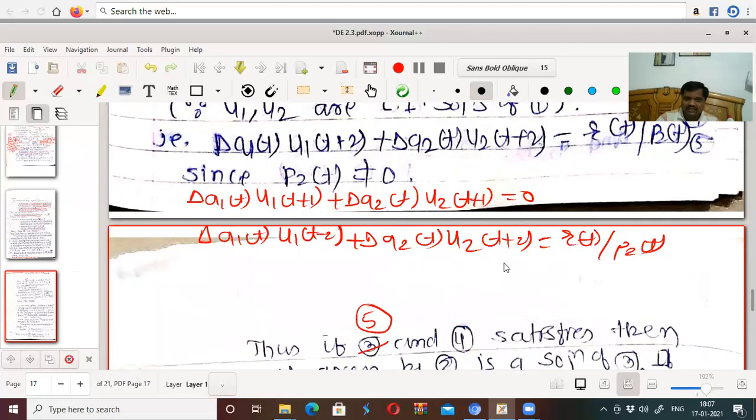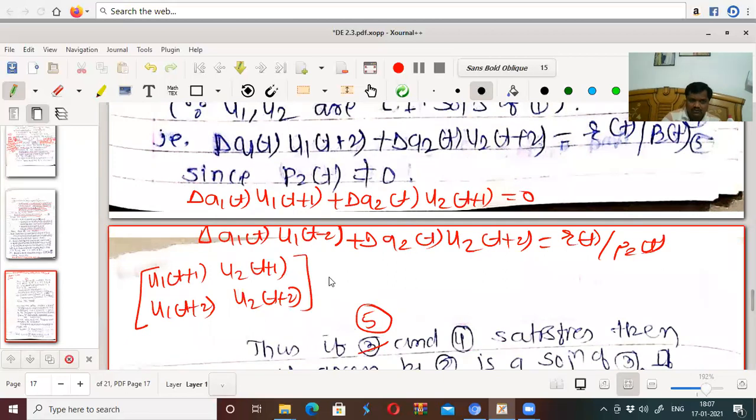And can I write this in the matrix form? Matrix with first row u1t plus 1, u2t plus 1, second row u1t plus 2, u2t plus 2, into matrix delta a1t, delta a2t, equal to matrix 0, rt upon p2t.